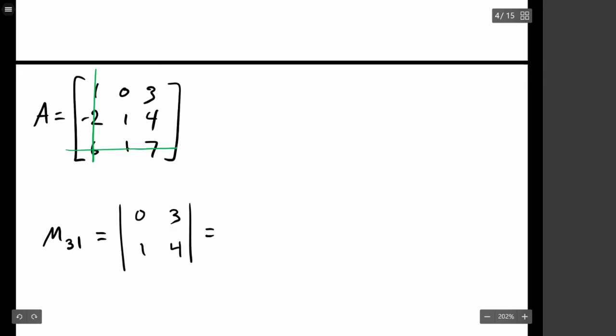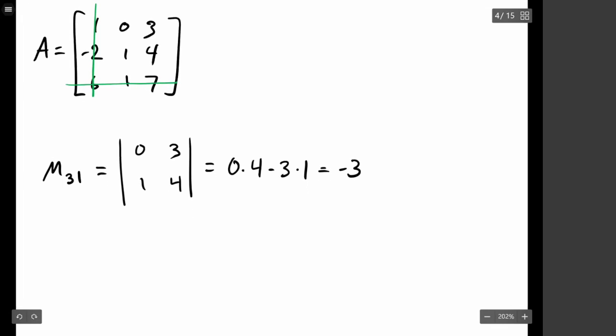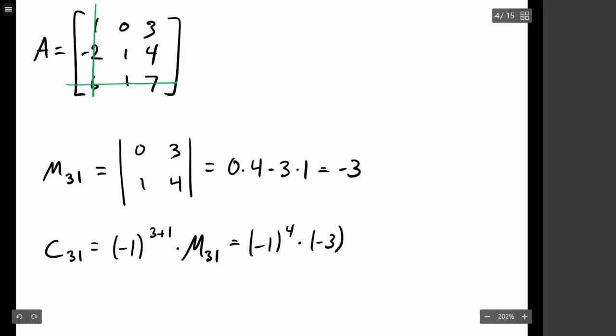We compute this: 0 times 4 minus 3 times 1. That's negative 3. And then the cofactor, C31, is going to be (-1)^(3+1) times M31. So that's (-1)^4 times negative 3, and that's just going to be negative 3, because (-1)^4 is 1.